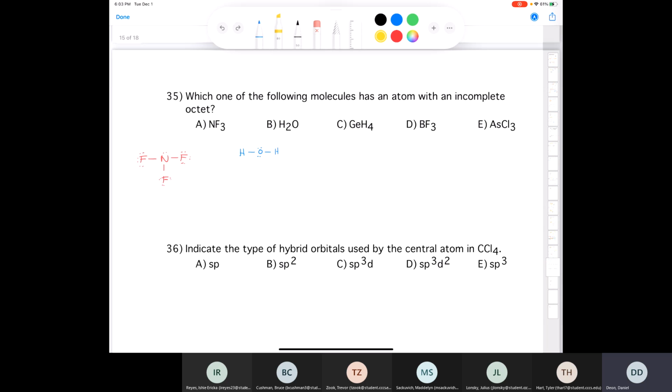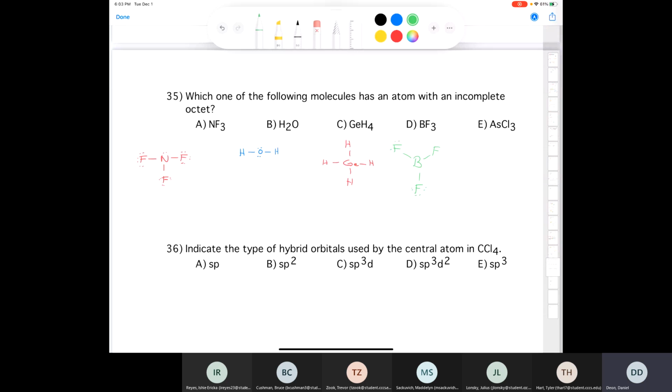Okay. If we look at germanium tetrahydride, same thing because germanium is in group 4A. So germanium tetrahydride is going to look like this. Anyhow, the germanium has an octet, but in boron trifluoride, the boron is going to have 3 bonds to the fluorine.